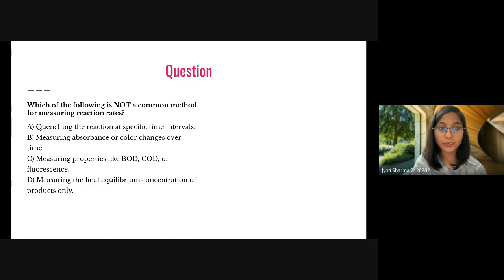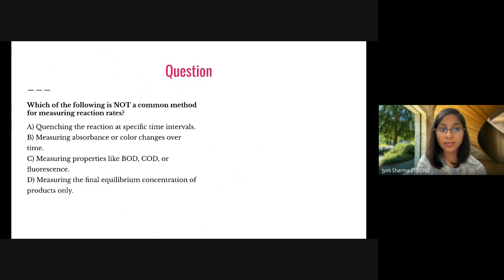Okay, next question is, as I told you, how we can calculate the order of the reaction. But here, if we want to calculate the reaction rate, we have various methods by which we can do so. The question is, which of the following is not a common method for measuring reaction rates?